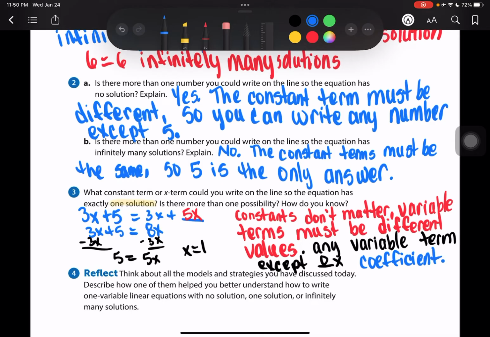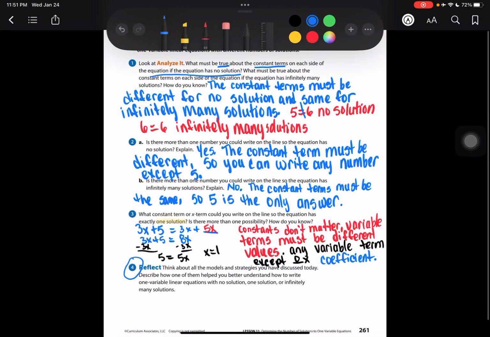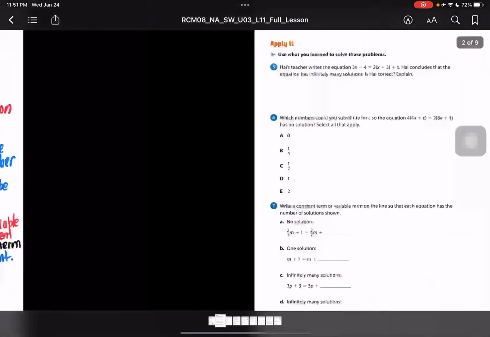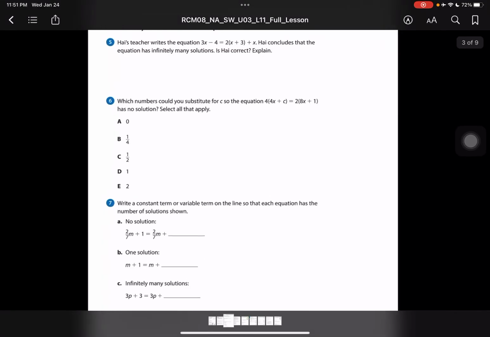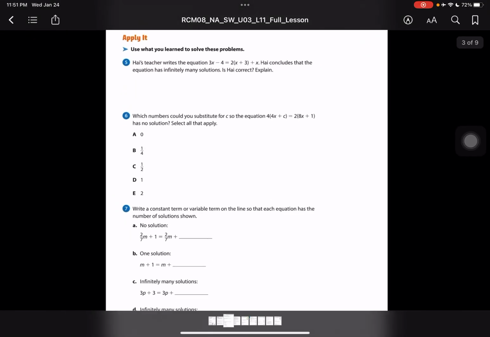Okay. All right, so think about the models and strategy we discussed, and I want you to do a reflection right here. This is for your own benefit, something you do not have to turn in, but I highly recommend that you do it. Right now, I want you to pause the video. Make sure that you have all of your notes written down. Then unpause the video, and I want us to go through the apply it together.